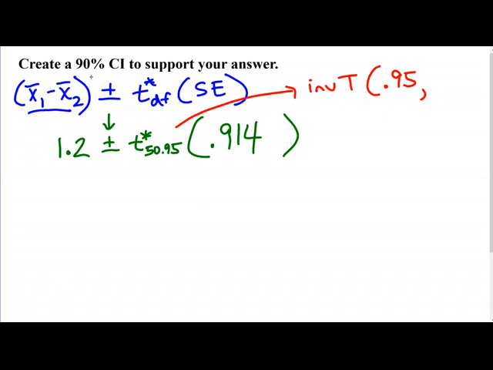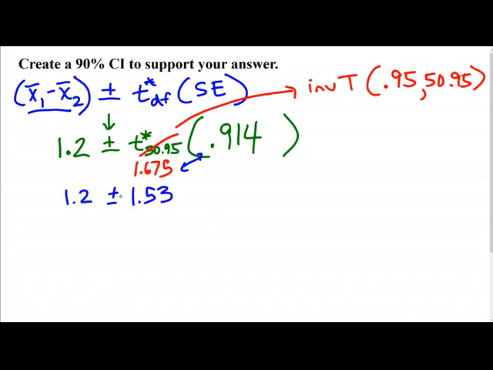Half of 10 is 5, 90 plus 5 is 95, and then it's 50.95 right over here. So when I did that on the calculator, I got 1.675. Let's go ahead and multiply these two together to get our margin of error. So when I multiply these two together, I got a margin of error of about 1.53.